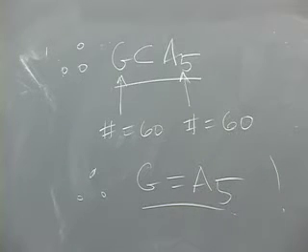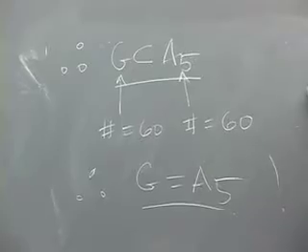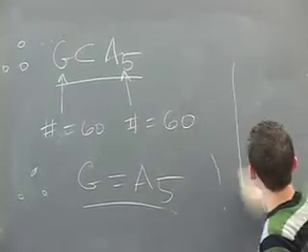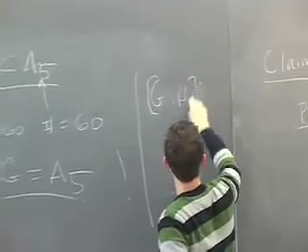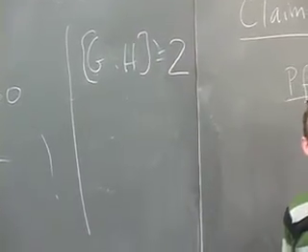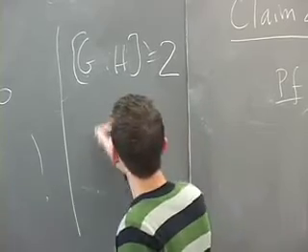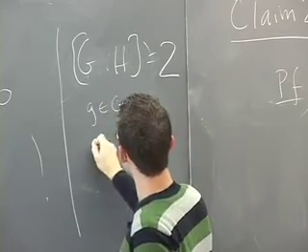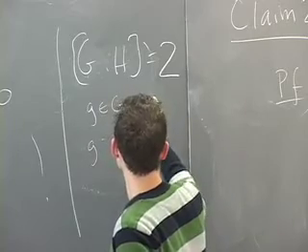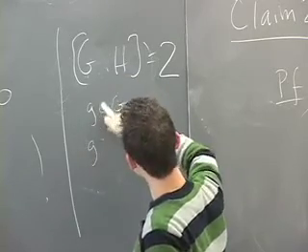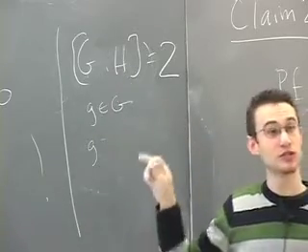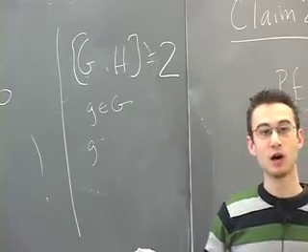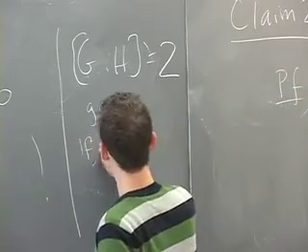Yeah? Just go over again why the index being 2 means it's normal? Oh, well, so look. Suppose I have H in G of index 2. I want to show that H is normal. Well, suppose I take some g in G. Certainly if g is in H, then gH equals Hg, because that's just H. I'm just getting H back.